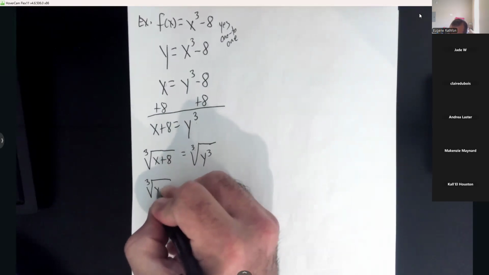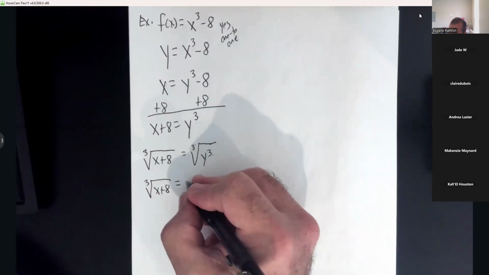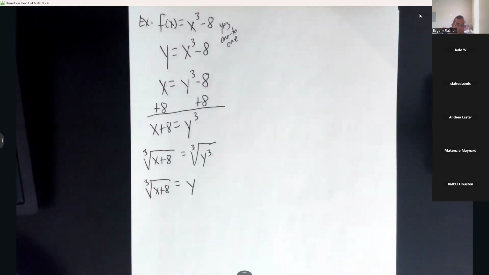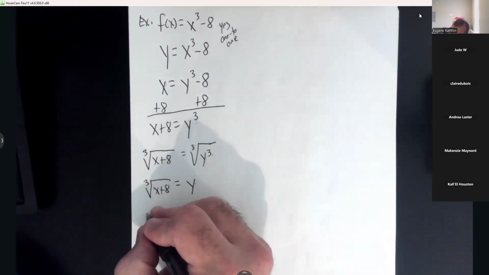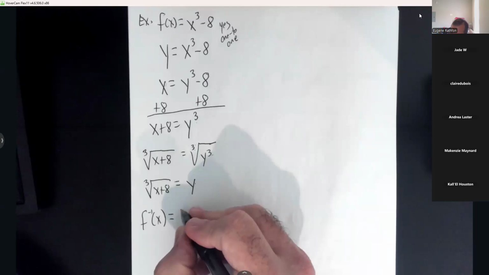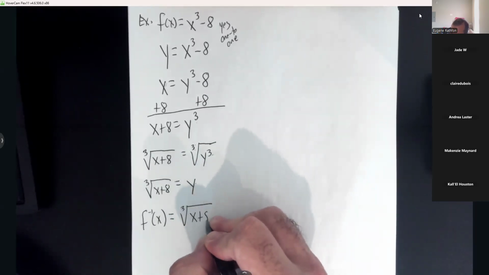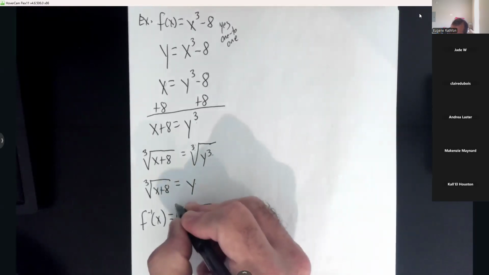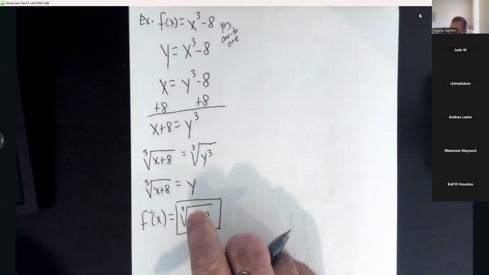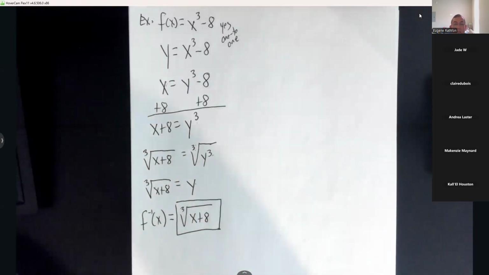Cube root x plus 8. But over here, the cube root of y cubed is a y. All right, then my last step, replace the y with the f inverse of x. And y'all, that's going to equal the cube root of x plus 8. So remember, cube roots undo y cubes. Square roots undid x squareds and so on these, okay?